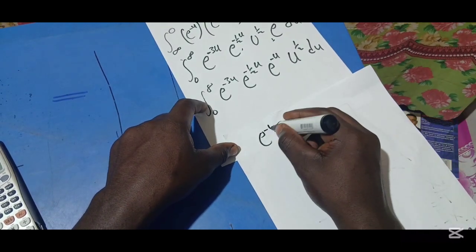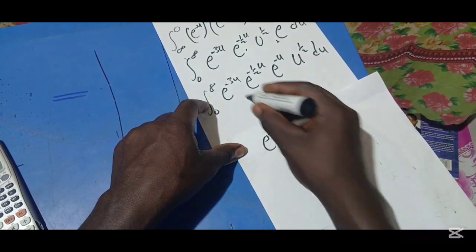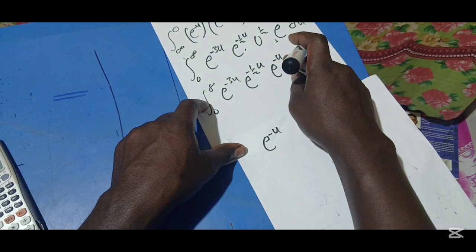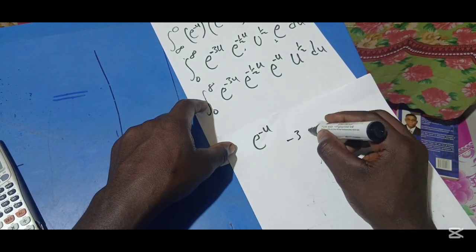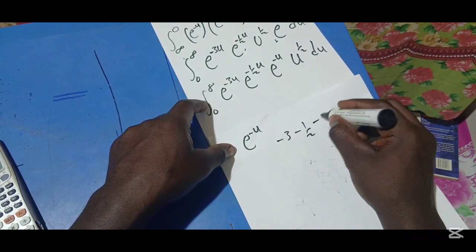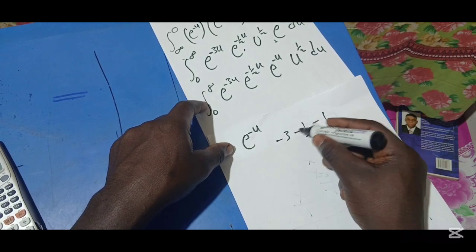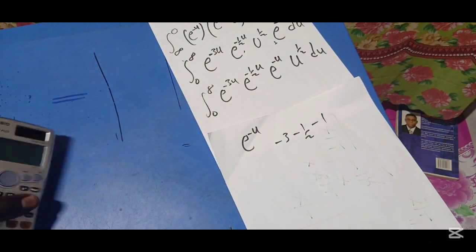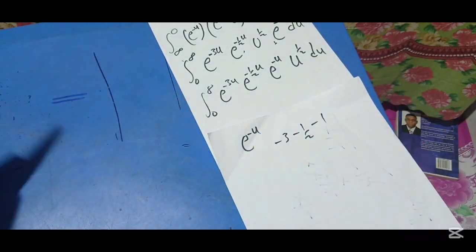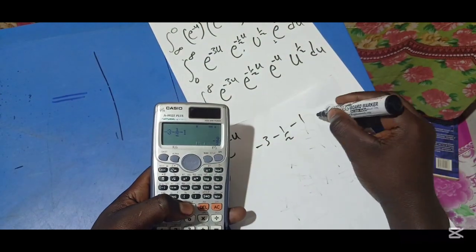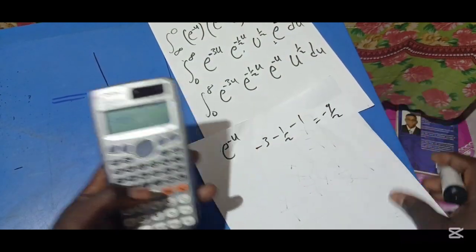All of them are in the term e to the power negative u. So we have 3 here, half here, 1 here: minus 3 minus half minus 1. We are actually adding, but in the presence of negative signs, we get a negative sign. Let me do that on my calculator. This will give me negative 9 on 2.